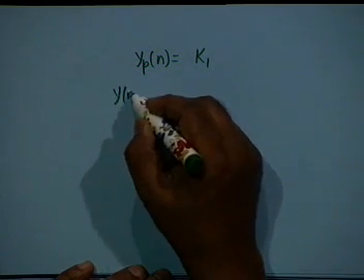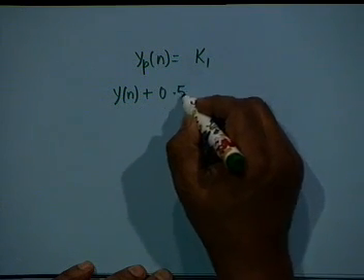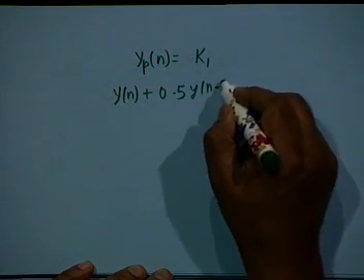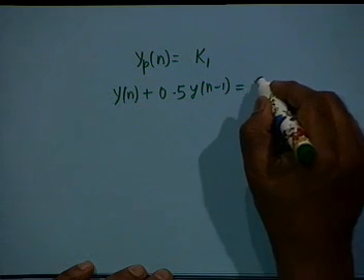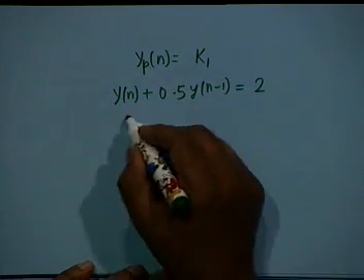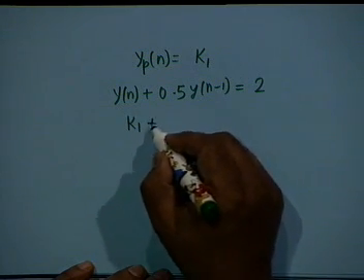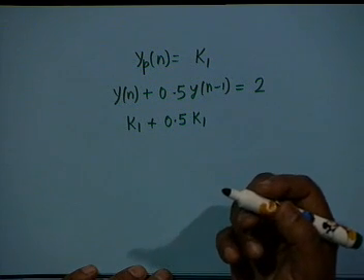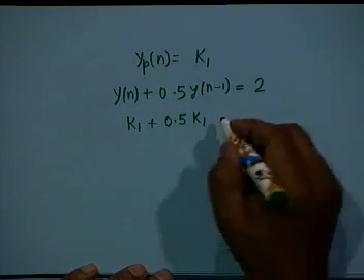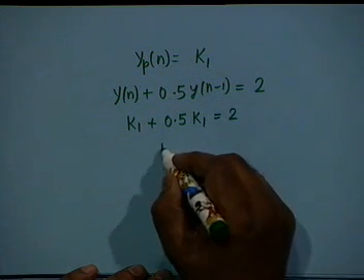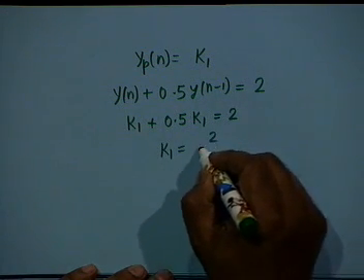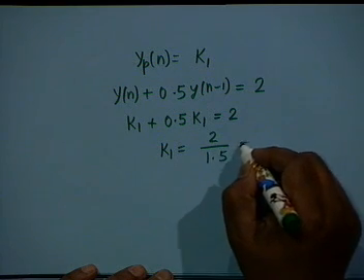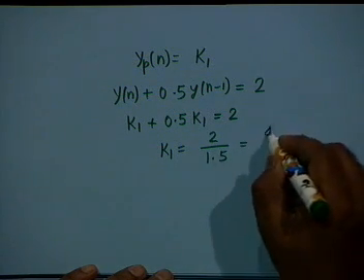The equation is y of n plus 0.5 y of n minus 1 equal to 2. So I substitute k1 plus 0.5 k1, y of n minus 1 is also k1, because it is a constant, equal to 2. So k1 is equal to 2 divided by 1.5, which is equal to, I believe, 4 by 3.